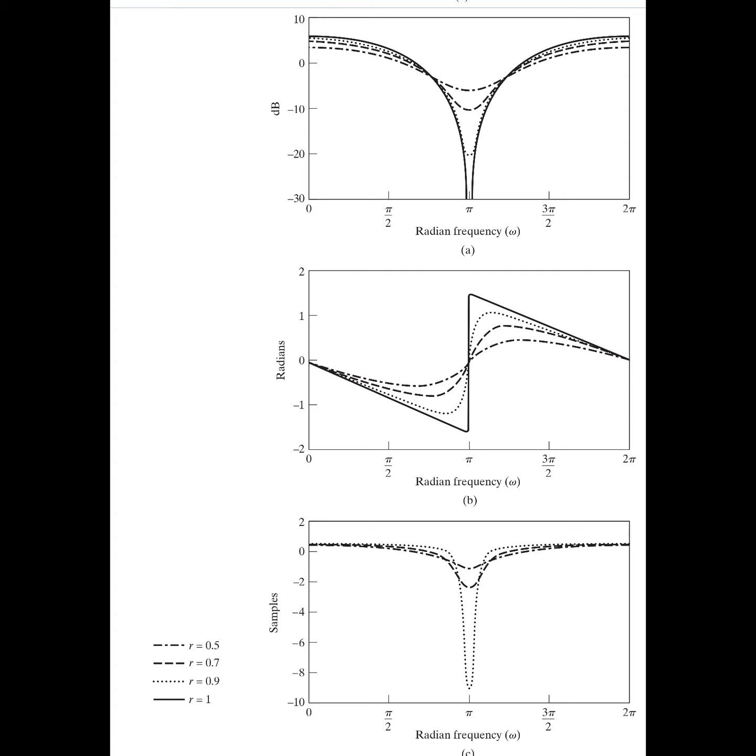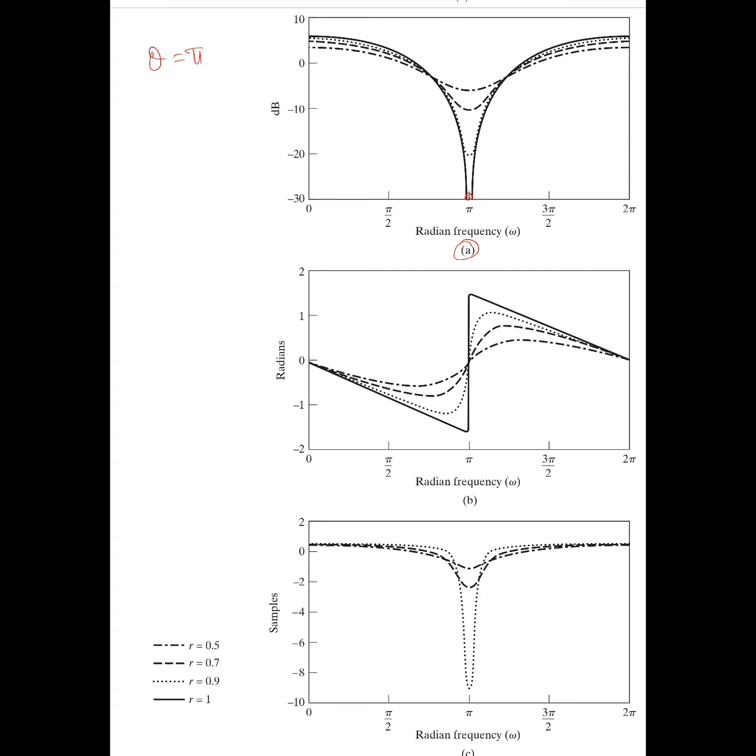Okay, so for the log magnitude function in figure A, we have fixed theta equal to pi, because it is pretty straightforward. Here you see the dip in the log magnitude function, and it dips more sharply as r becomes closer to 1. Indeed, the magnitude in dB approaches minus infinity at omega equal to theta as r approaches 1, right?